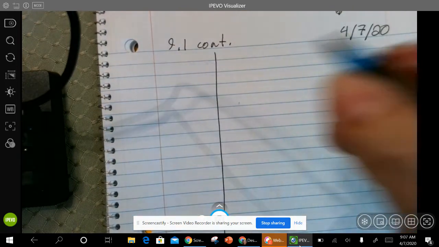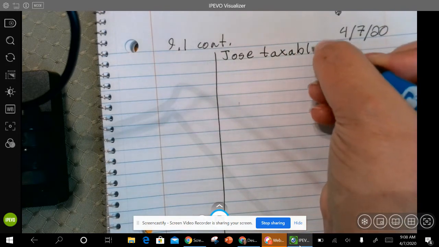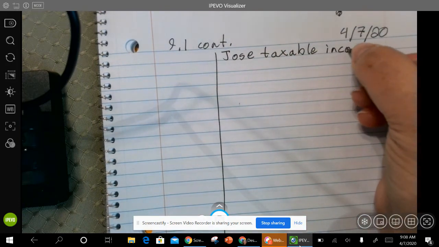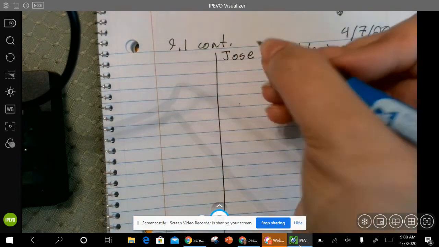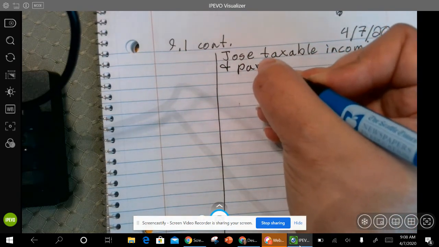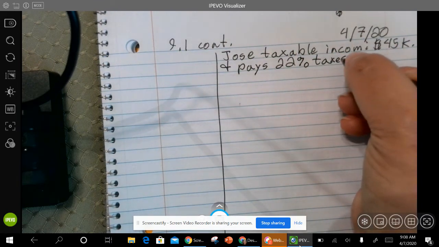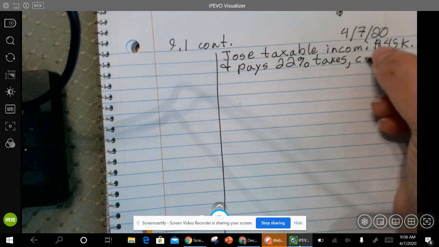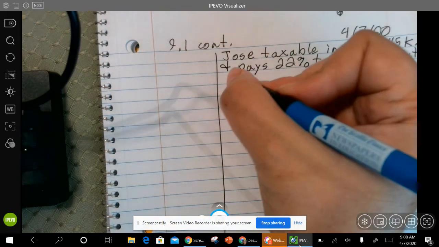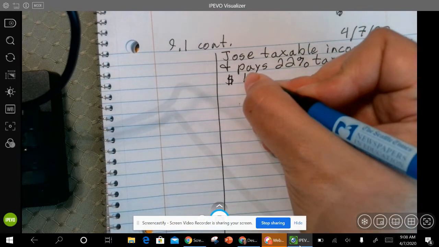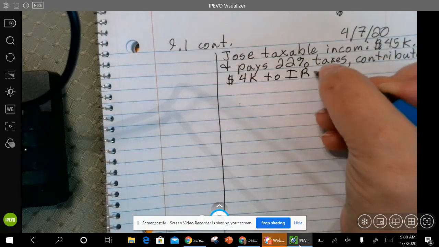Okay, so Jose has a taxable income of $45,000, and he pays about 22% in taxes. He contributed $4,000 to his individual retirement account.